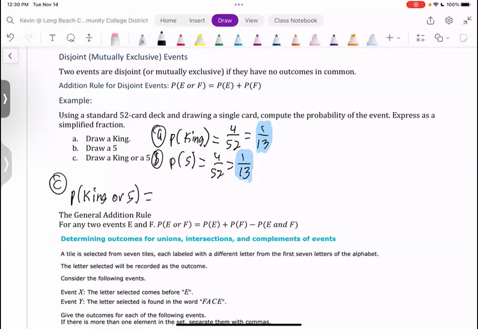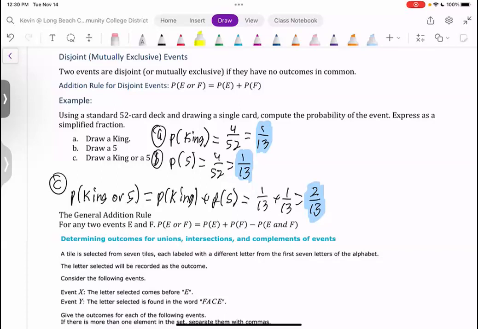So this is just going to be the probability king plus the probability of drawing a 5. There's no overlap at all. Now, this doesn't happen all that often. There's often overlap on things.